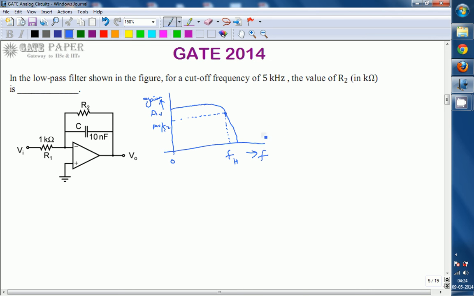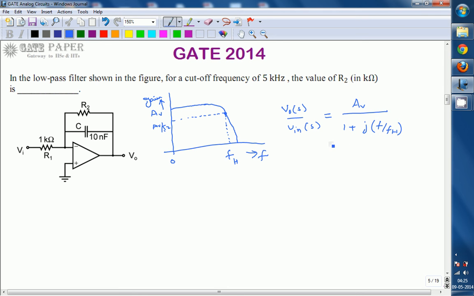The transfer function for this is V0(s) divided by Vin(s) equal to the gain AV divided by 1 plus j f by fh.